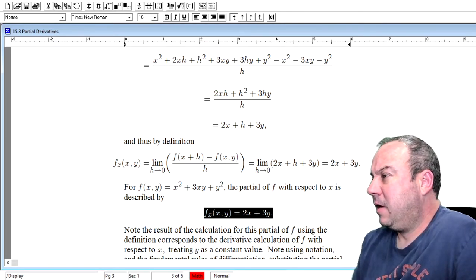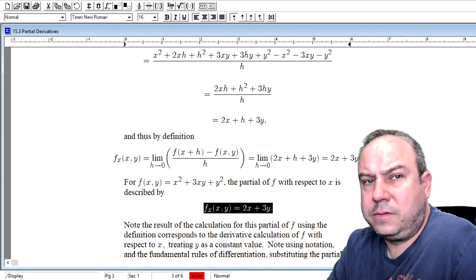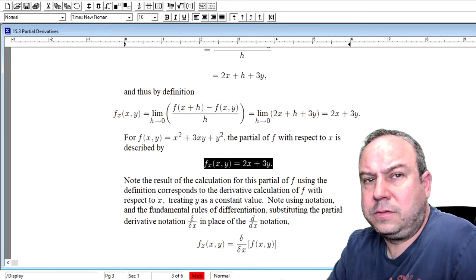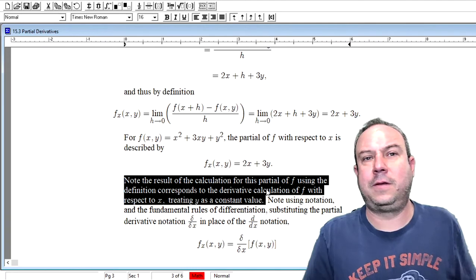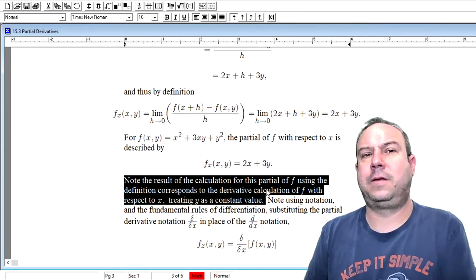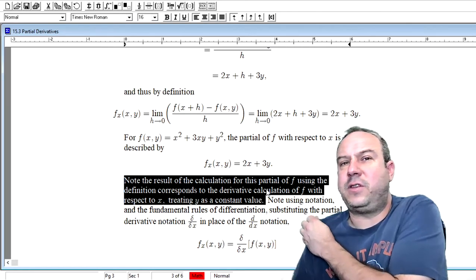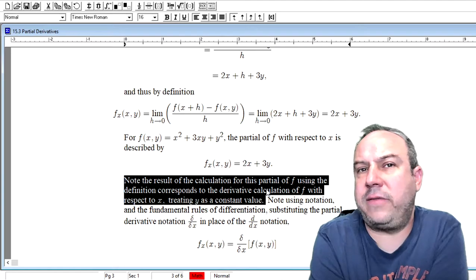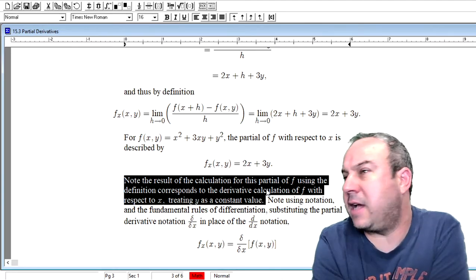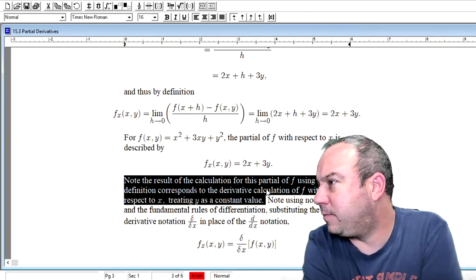Now you can start to read the following note. It says, note the results of the calculation for this partial of f using the definition correspond to the derivative calculation of f with respect to x, treating y as a constant value.